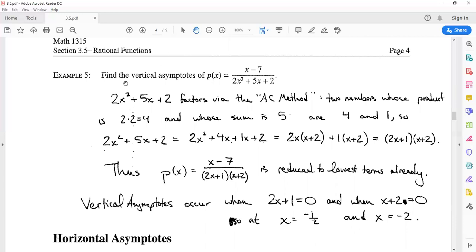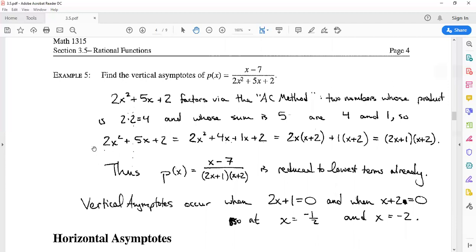The next example is about finding the vertical asymptotes of x minus 7 divided by 2x squared plus 5x plus 2. Now, 2x squared plus 5x plus 2 factors, but we have to use what's called the good old AC method, which you also might remember from written homework 1. So we'd like two numbers whose product is a times c, namely 2 times 2.